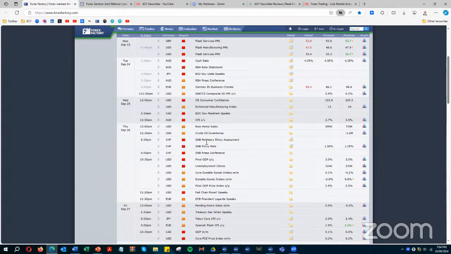Now, 5:30 p.m. for Swiss, we have the interest rate decision, policy assessment, policy rate, expecting 25 basis point cut there. Press conference at 6:30 from the Swiss, 10:30 p.m. Thursday, US final GDP QQ.